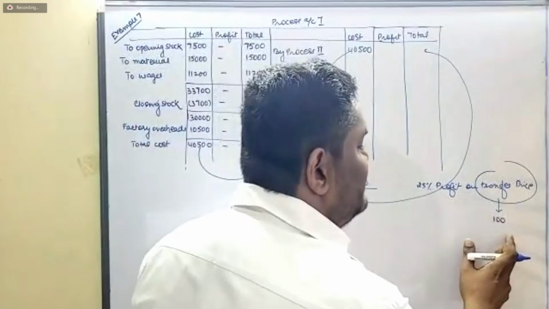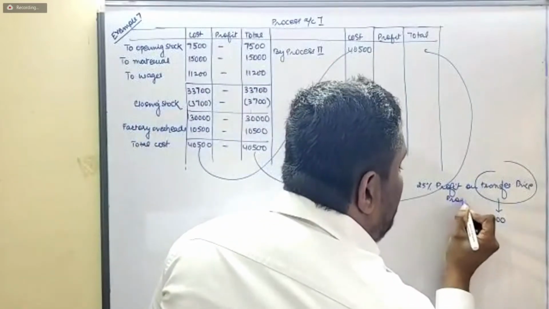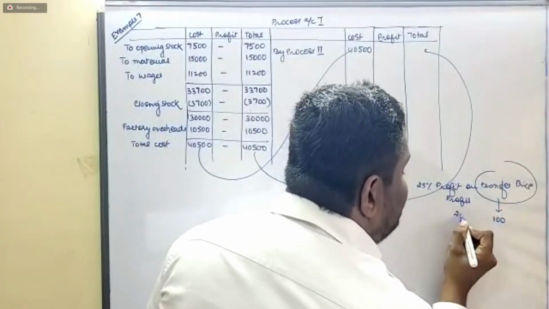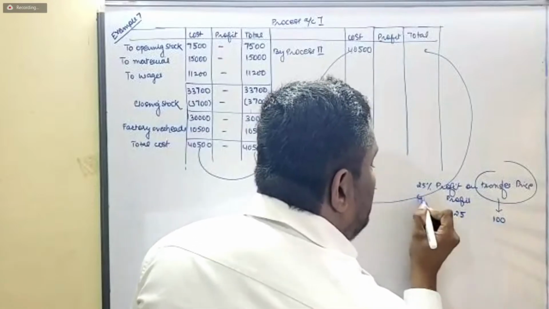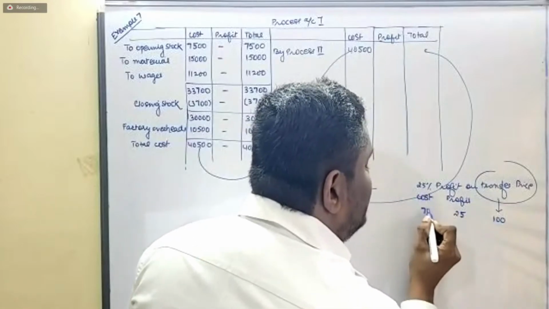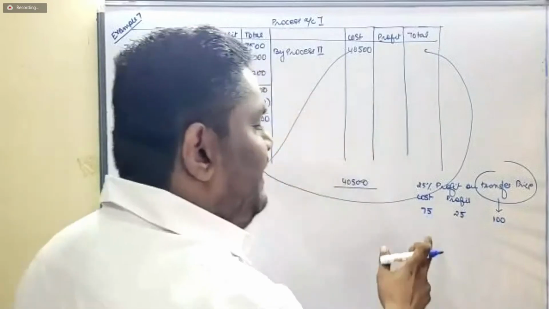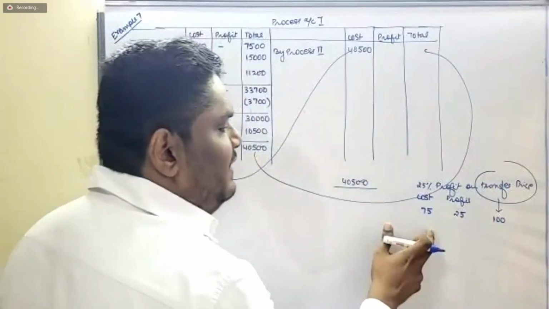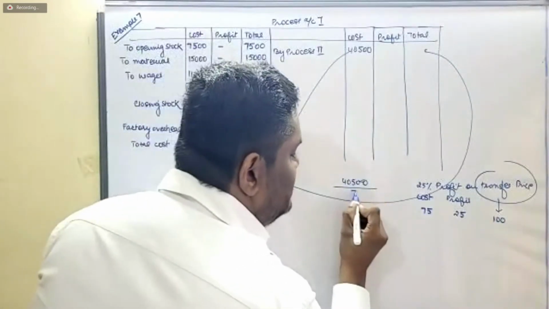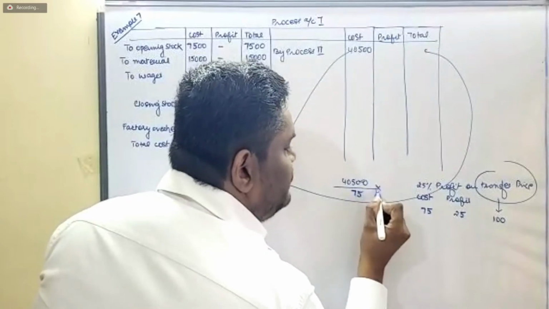So transfer price is 100. So my profit is how much? 25% of 100. So that is 25. So my cost will be how much? 75. And in this question, 40,500 is my cost. That is equal to 75. So how much will be 100?